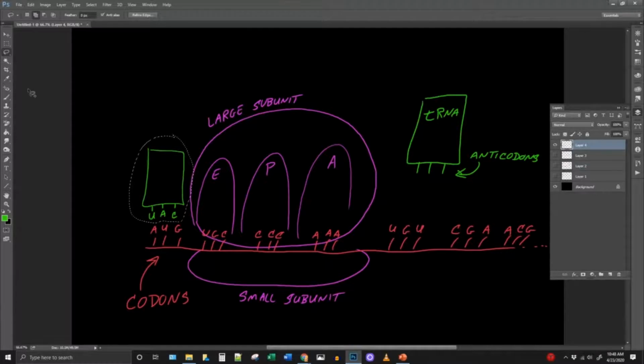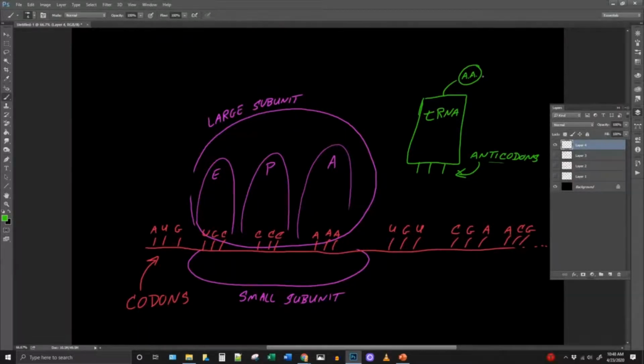So we'll remove that one for right now. That makes more sense. Good, good, good. So on one side of the tRNAs, you have the anticodon, which reads the message. On the other side, you have an amino acid. And only the tRNA with the correct anticodon will have a certain amino acid on it, right?